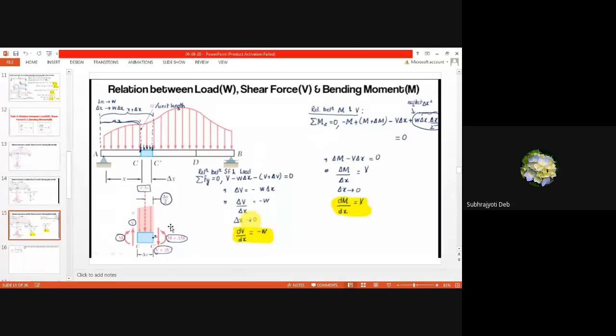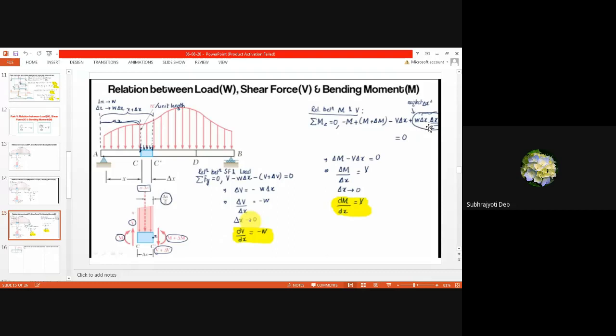This is anti-clockwise, so positive, minus V into delta X, this distance, plus this force W delta X into the distance, which is delta X by 2.